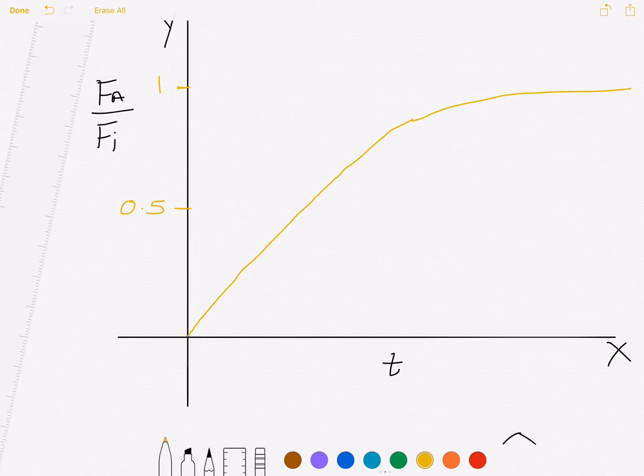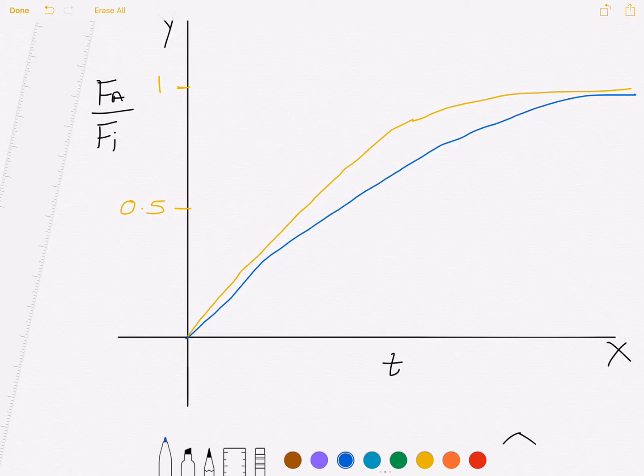That's what you get. Now I am drawing the same curve for a different gas. Let's say blue, that's isoflurane. So as you start giving isoflurane, its concentration keeps on increasing. And then at a certain time t, it becomes equal to the inspired concentration, or the ratio is 1, becomes a plateau.